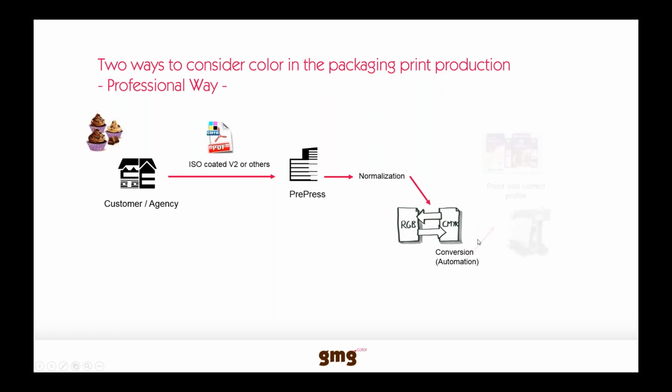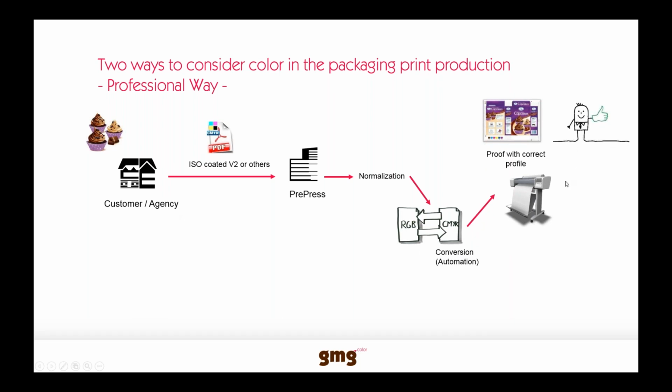And out of those files with the correct proof profile, we can now create a really trustworthy color proof that we can send back to the customer and say, this is what we can achieve color-wise with your chosen printer, with your chosen material, as close as possible to ISO Coated v2, for example, or maybe even better.